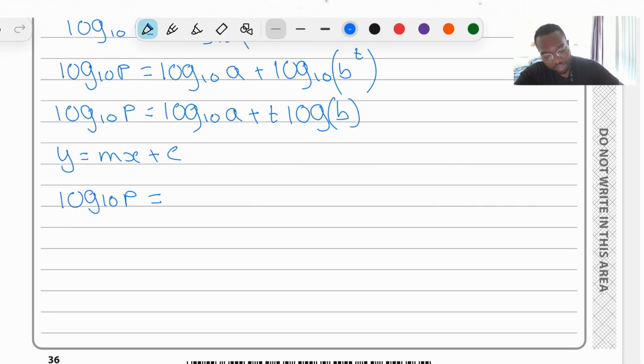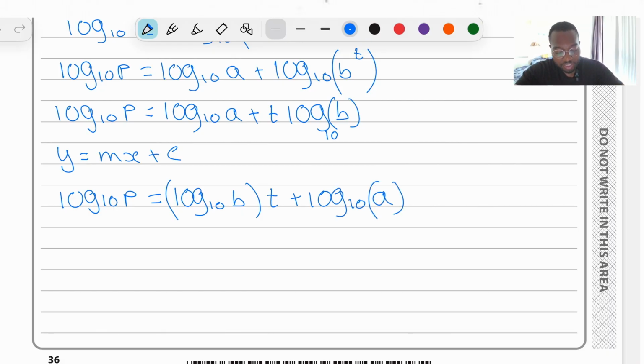And then we have log base 10 B, all of that is effectively our m value in this case, because T would be our x value. And then our constant would be the log base 10 A. So as you can see, we have got this in that form here.